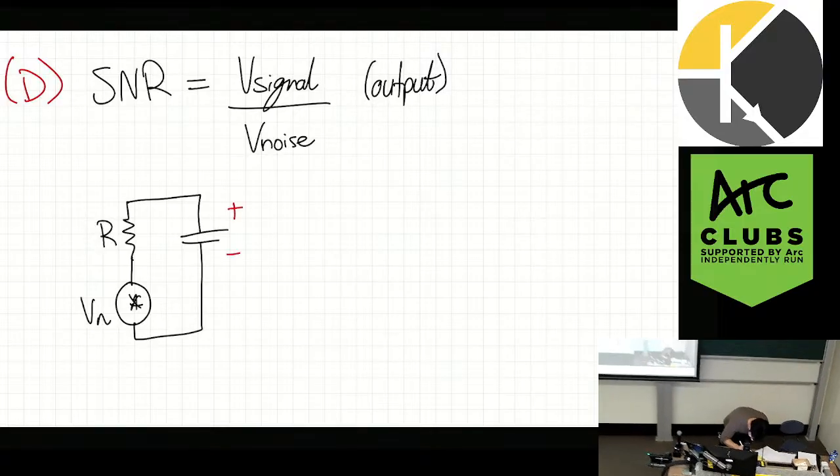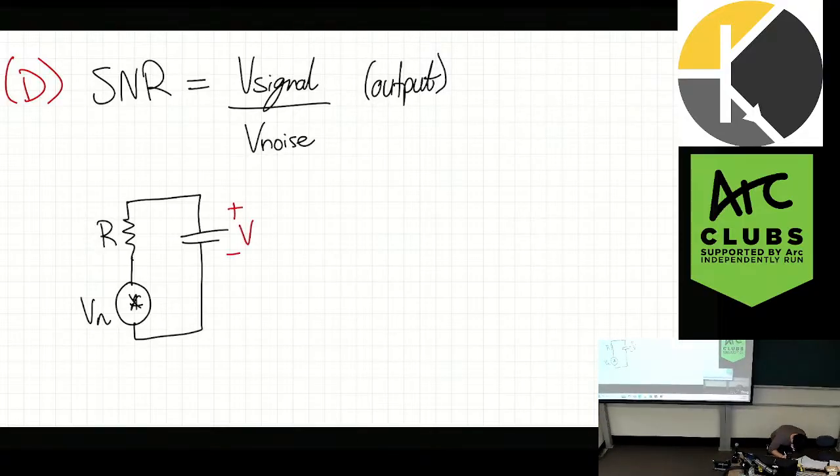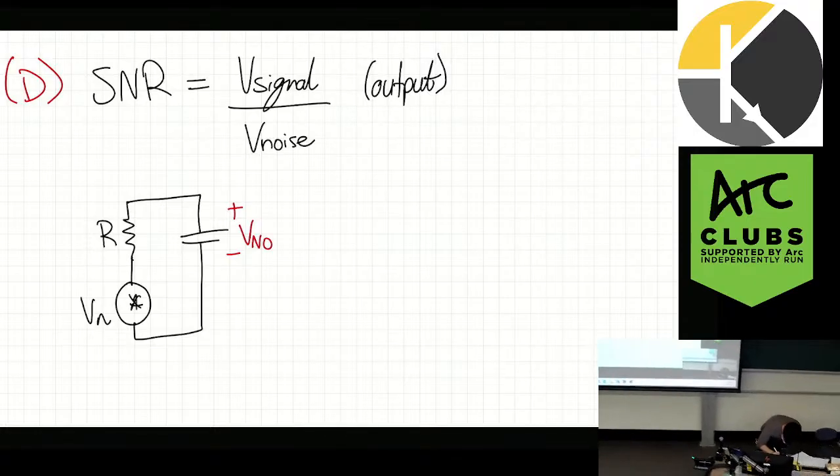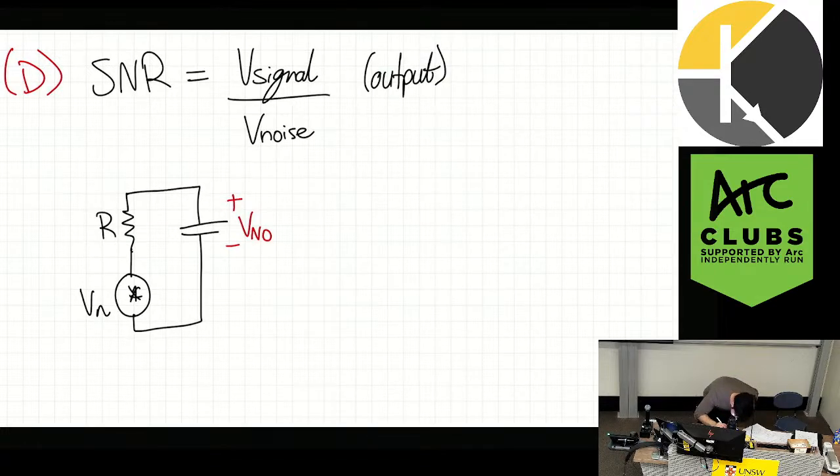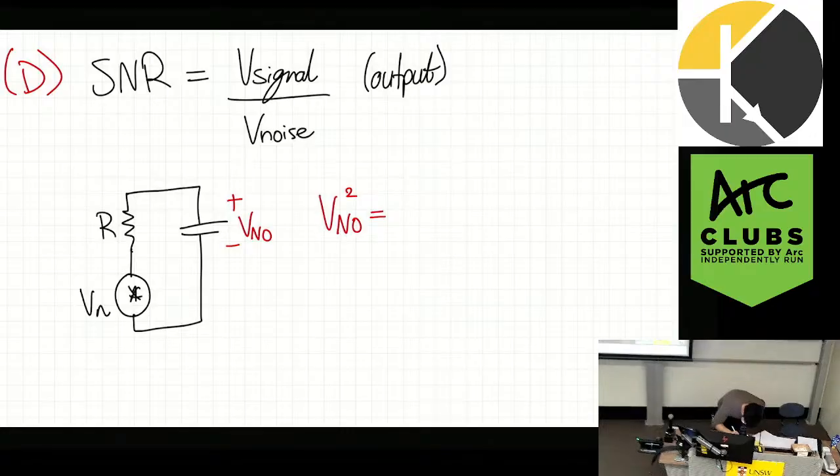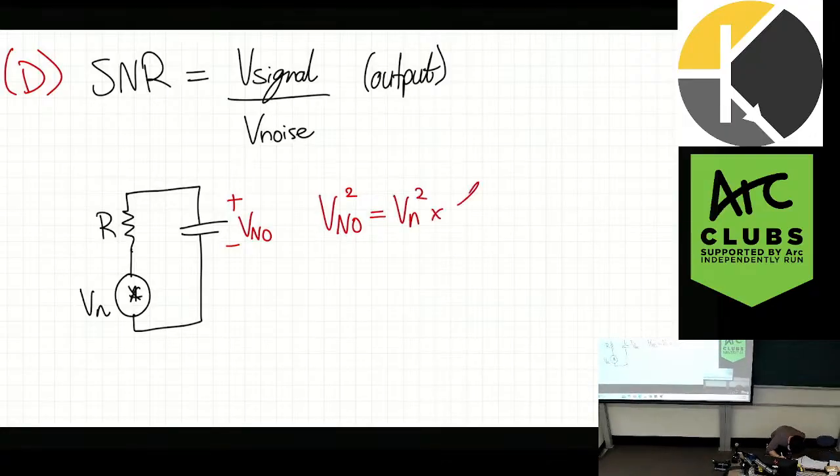This voltage here we'll call Vn0, and I'll skip the derivations, but the resulting signal is Vn0 squared equals Vn squared multiplied by the 3 dB frequency multiplied by pi on 2. This is something you have in your notes, you can just look at it, right? You have your notes.